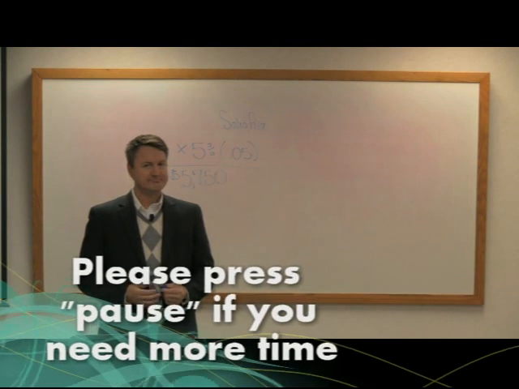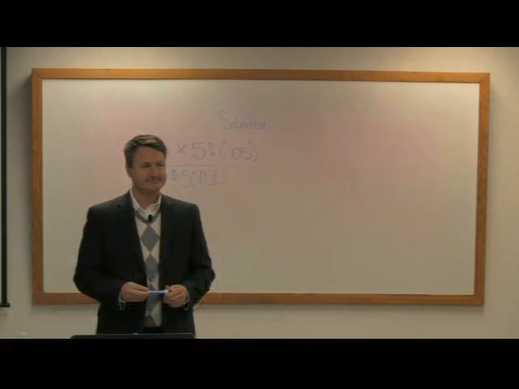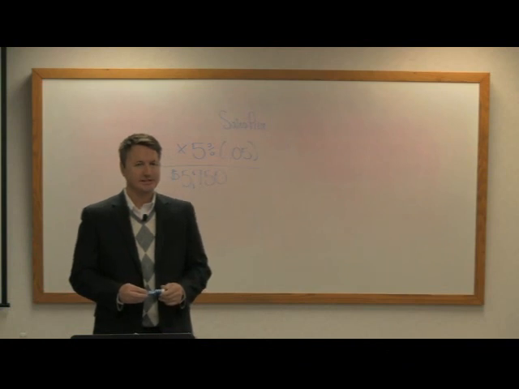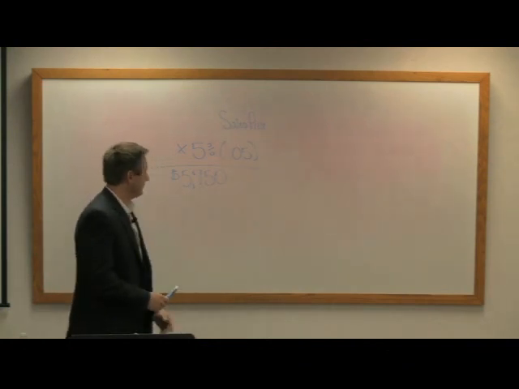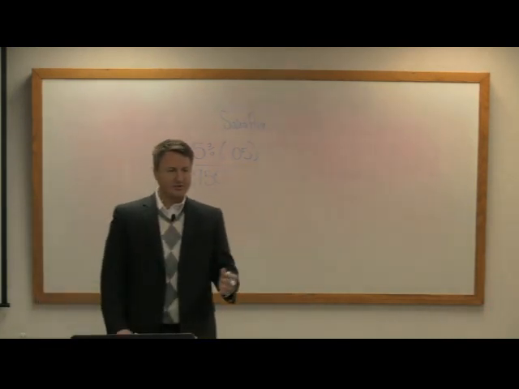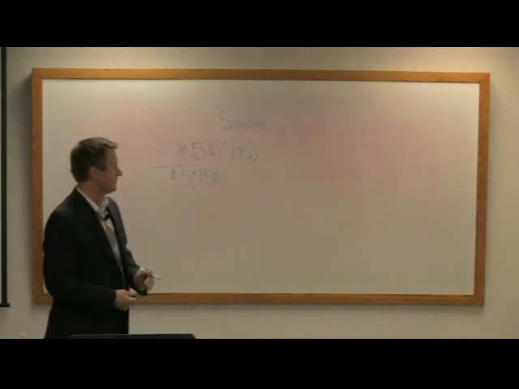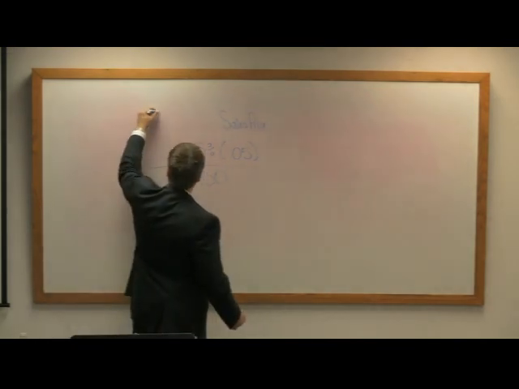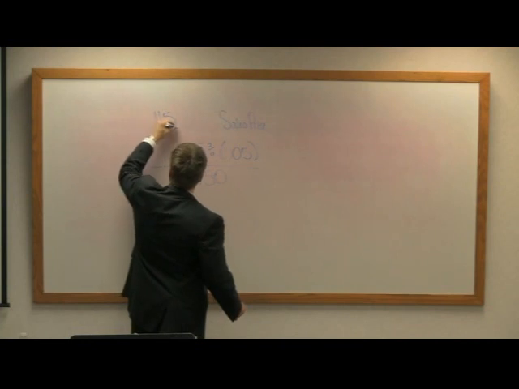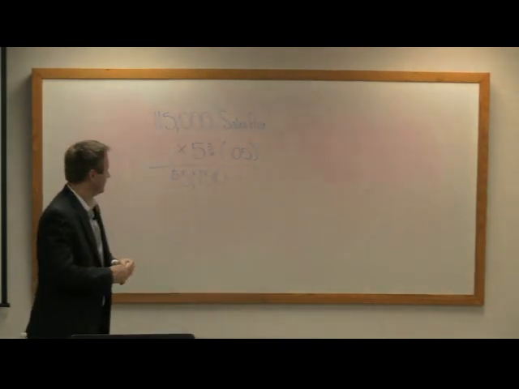So what do we get? $5,750. If you didn't get that number, chances are you took the list price, which was $120,000, instead of the sales price, which is $115,000, times the 5%.